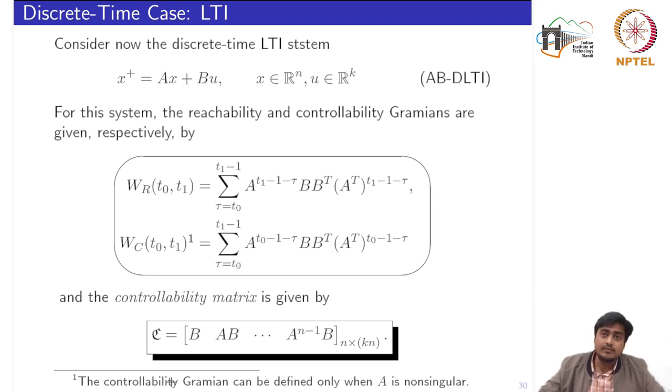Now for the LTI system, as we discussed for the continuous time scenario, we introduced one matrix which we call the controllability matrix. Again, the controllability matrix can be computed in a similar way. So there are three important parts: the discrete time system itself, the controllability and reachability Gramians, and in addition we define the controllability matrix and set up a relationship between the Gramians and the controllability matrix.